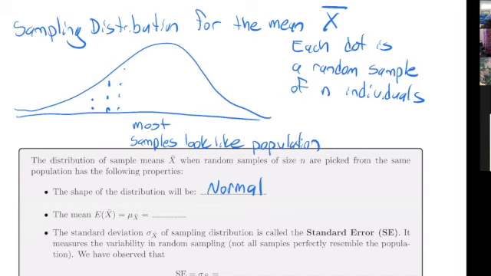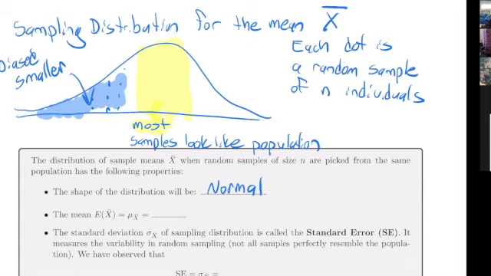So what that's saying is, most of the samples are going to look like the population. If the population mean is in here, most of the samples are going to be stacked up in there. However, it is possible that you get samples that are biased on the smaller end.